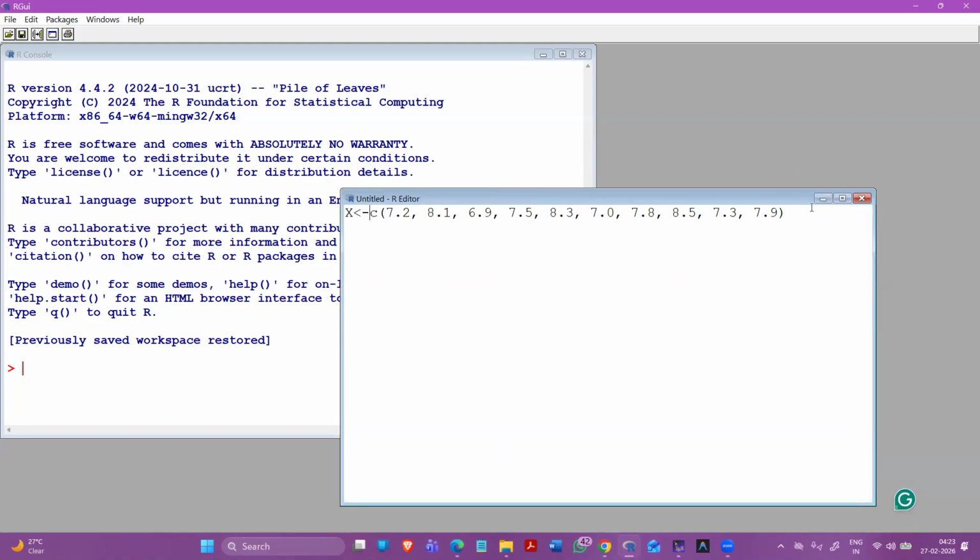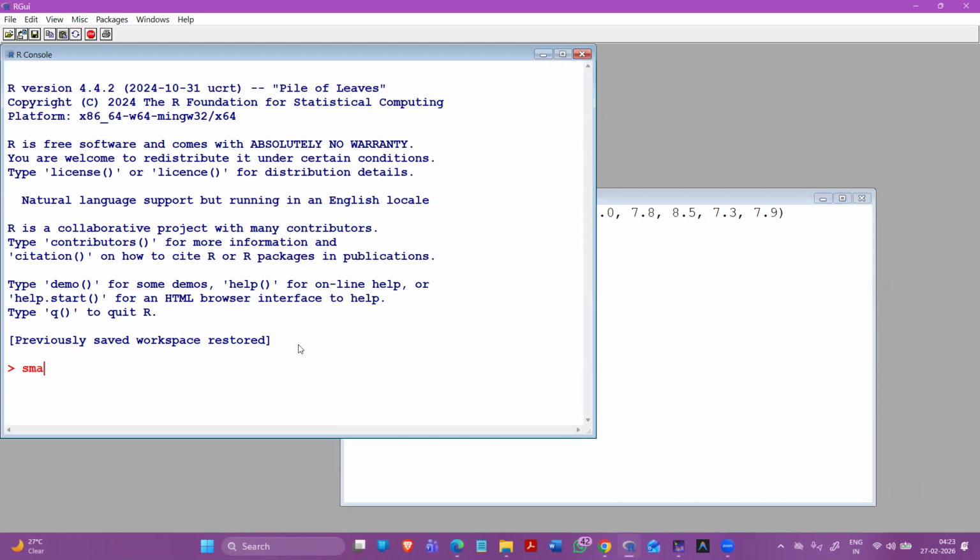Correct. So what is the formula to generate random samples from the given data? The command is sample. We generate a sample from X of size 10.